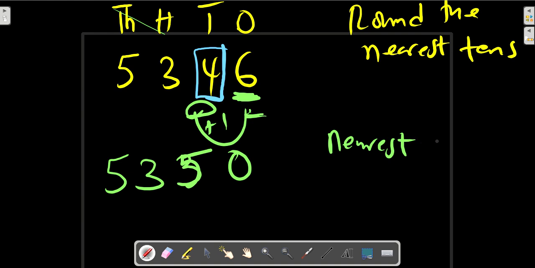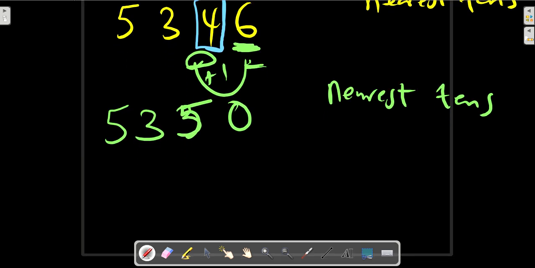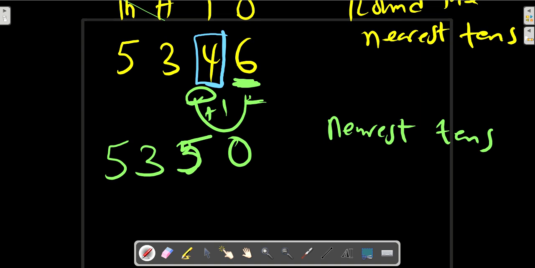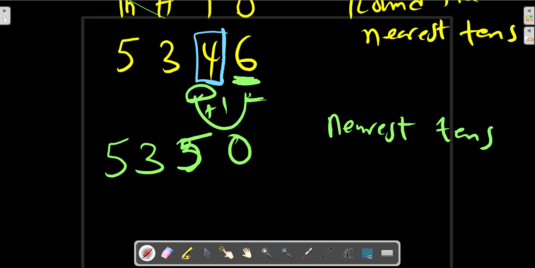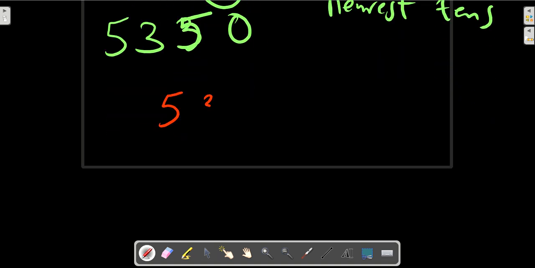We could also round that same number to the nearest hundreds. For this case, we're going to take a look at the number to the right of our hundreds part. So we're rounding to the nearest hundreds, and the number to the right of that is the digit 4. Okay, I'm going to rewrite that first: 5,346. We want to round to the nearest hundred.